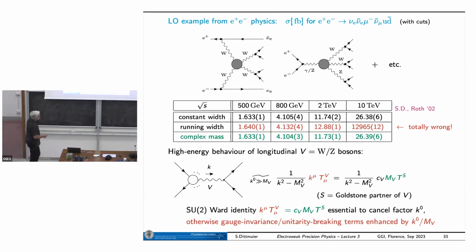Some people call this relation the Goldstone boson equivalence theorem, and it is basically a consequence of this Ward identity. It's an SU(2) Ward identity because you need it here for a massive vector boson V, which can be a W or a Z. So this Ward identity turns the bad high energy factor into a constant. And you must not destroy this relation. It is, for example, destroyed in this red line here, just to show you what can go wrong.